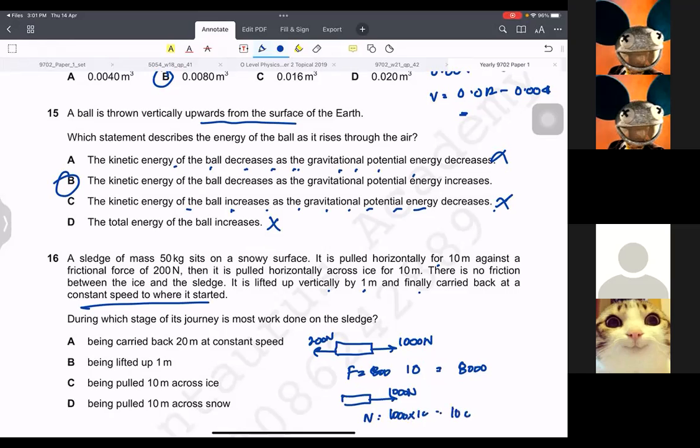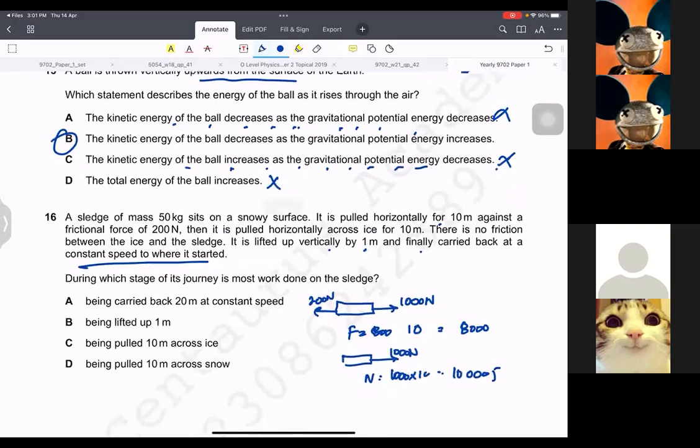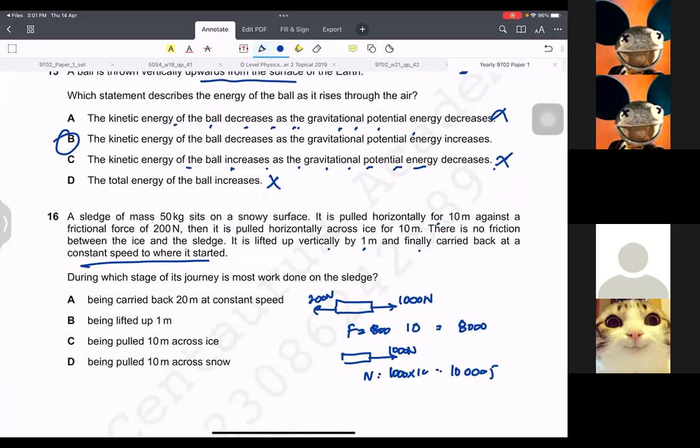So that is 10,000 joules. So definitely ice is one of our answers. And then when it is lifted up, let's suppose you apply the same force of 1000, you lift 1 meter, so it is going to be 1000 joules. And there is nothing else. So I believe that it should be being pulled 10 meters across the snowy surface because, no, wait.